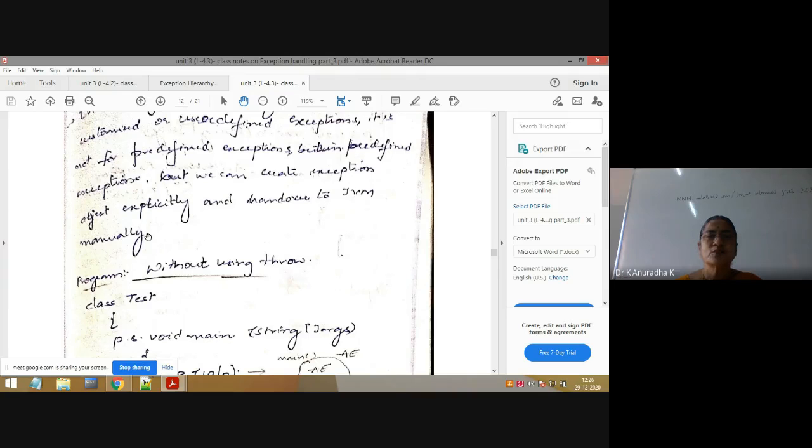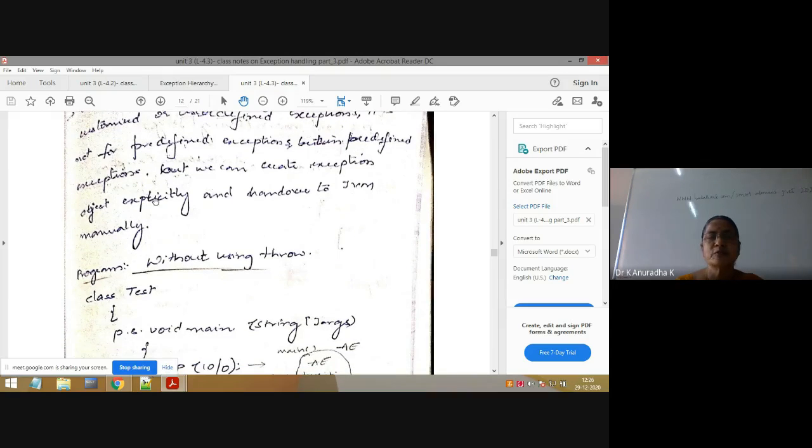In contrast to that, here the programmer is creating the object explicitly using the throw keyword in the program and handing it over to the JVM manually.